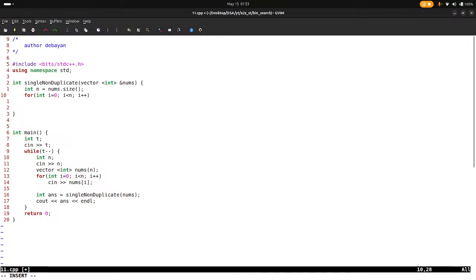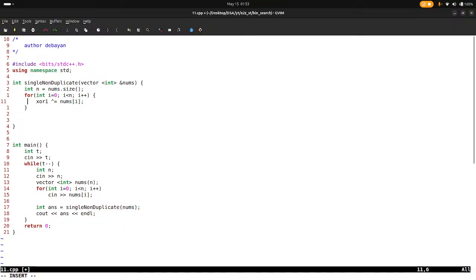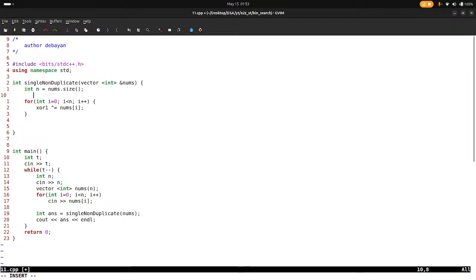I will say XOR1 equals XOR1 xor nums of i, starting with XOR1 equals 0.